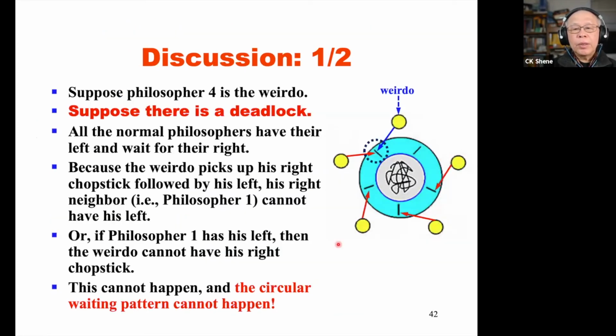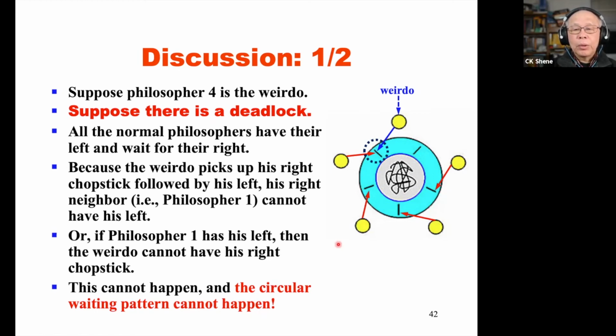Now, let's discuss this solution. You may have a hunch that the weirdo, because he acts differently, may not have a deadlock. You are right.